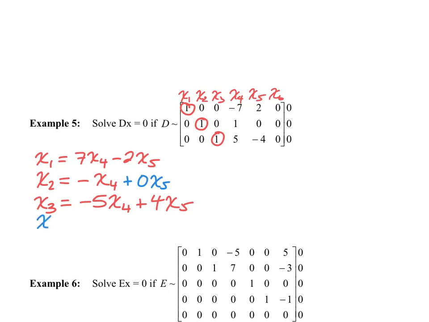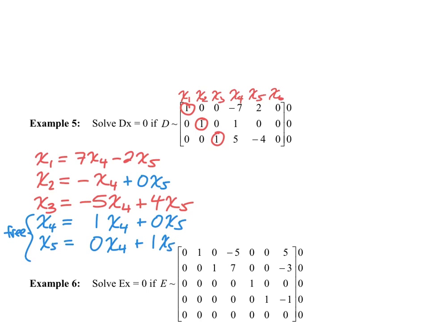So x sub 4 is the free variable. So I'll make a little note here that these are my frees. But what that means is x sub 4 is the same as x sub 4. So 1x sub 4. But I could also think of it as 1x sub 4 plus 0x sub 5. And for x sub 5, I could think of it the reverse. 0x sub 4 plus 1x sub 5.